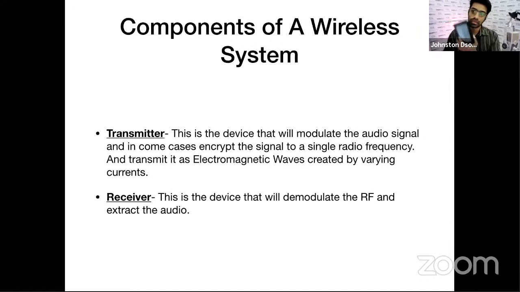The receiver takes the radio frequency, demodulates it back into audio frequency, and gives you an XLR or TRS output that goes into your console, your camera, or whatever system you're using. So transmitter, receiver. Clear?